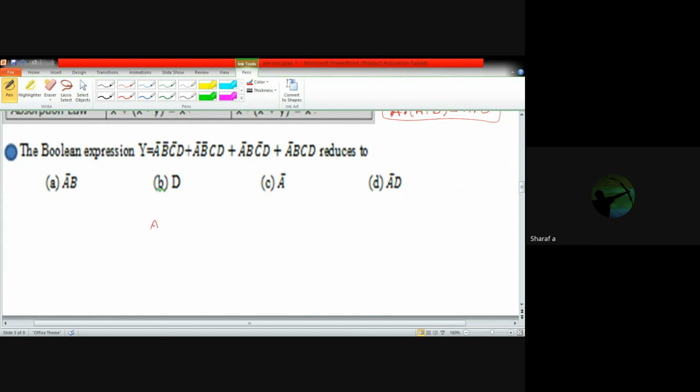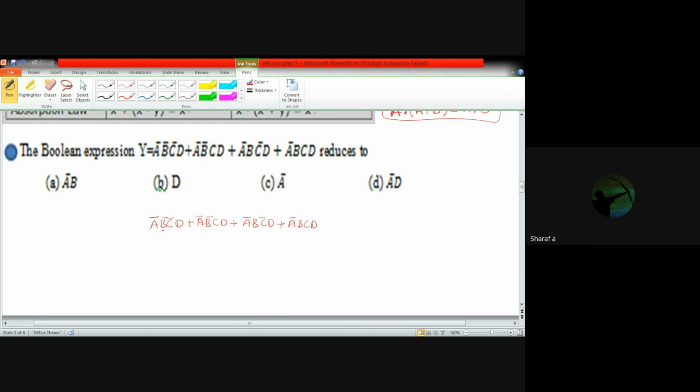So you have the expression A bar B bar C bar D plus A bar B bar C D plus A bar B C bar D plus A bar B C D. Now, the first thing you have to do is simplify this.